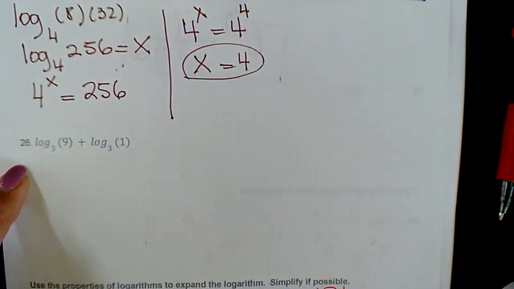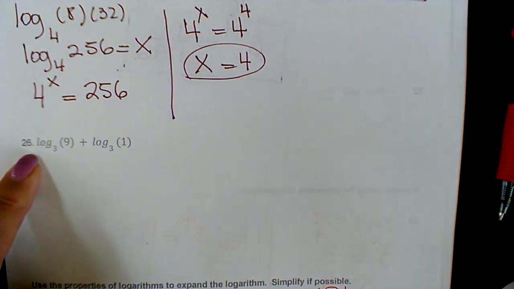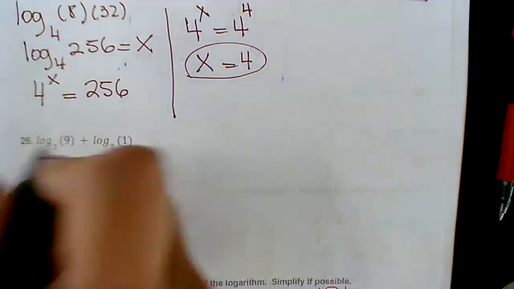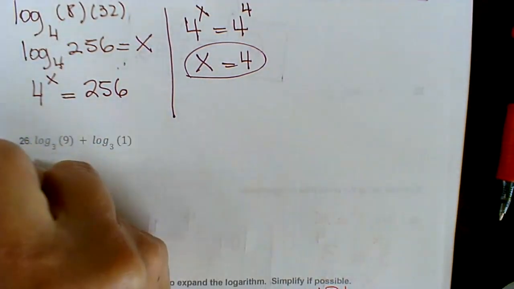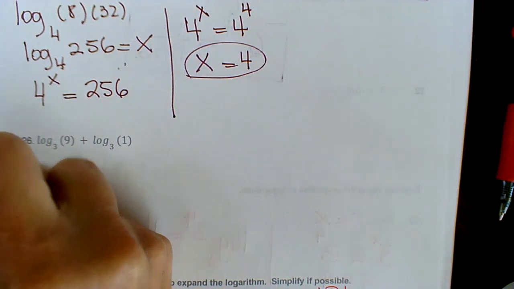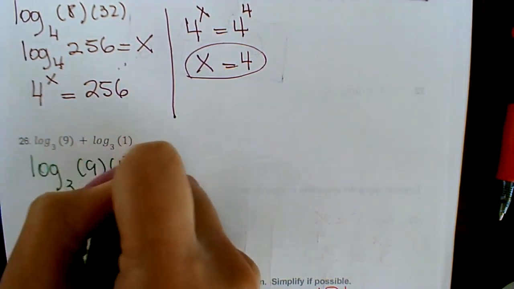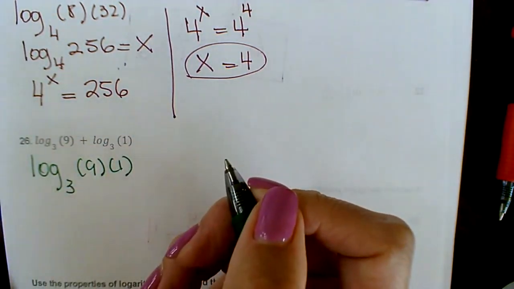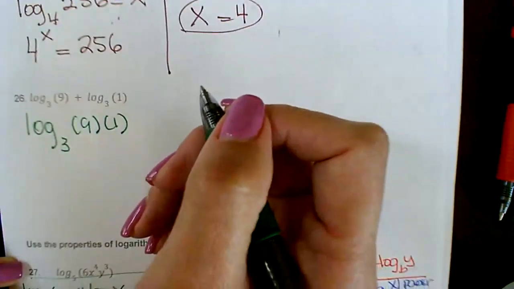Now they want us to simplify. Okay, it's the other way around. This is addition. Now it becomes multiplication. So this is going to be log base 3 of 9 times 1, right?